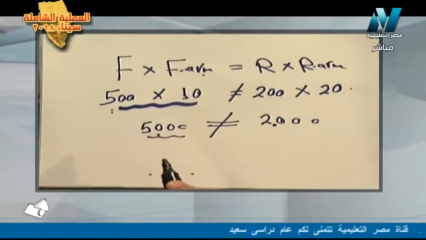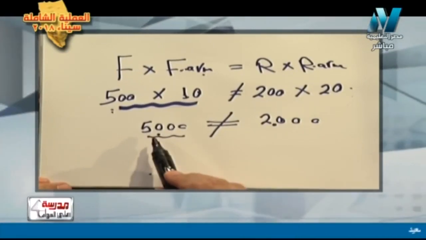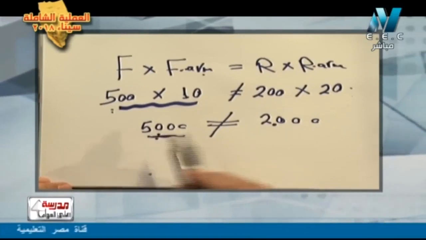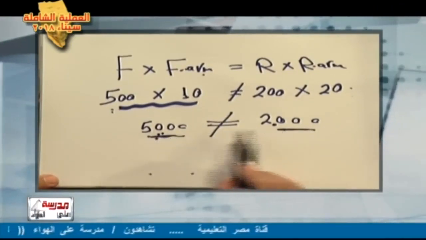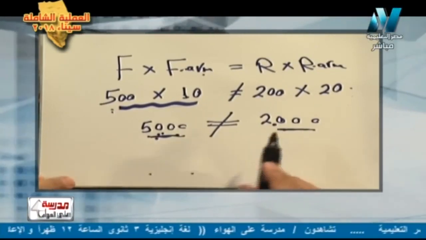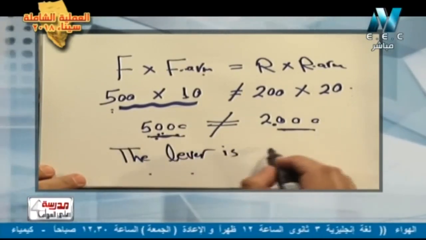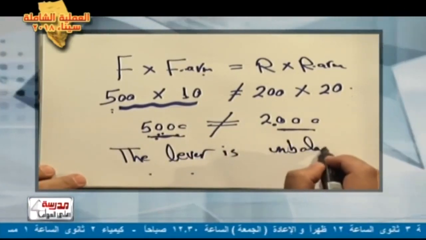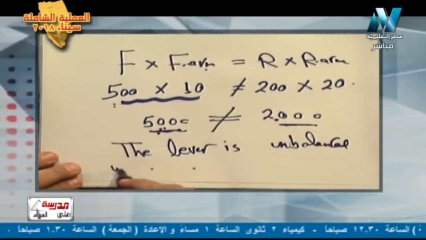So in this type of problem, I am only asked to know whether the lever is balanced or not by the two sides. If the two sides are equal in value, then the lever is balanced. But in this case, the lever is unbalanced. And why?